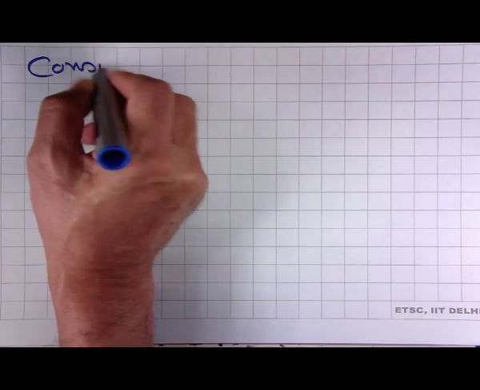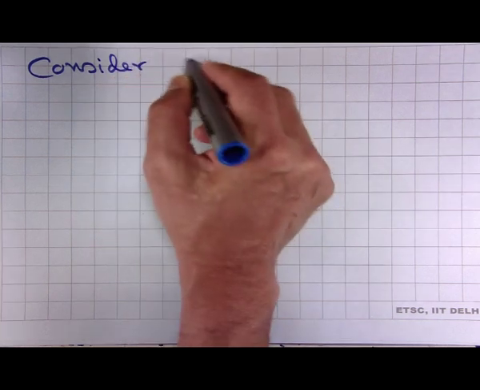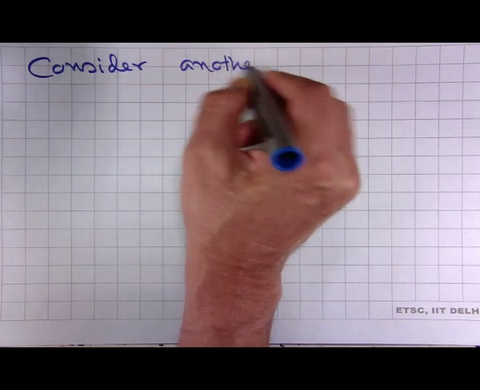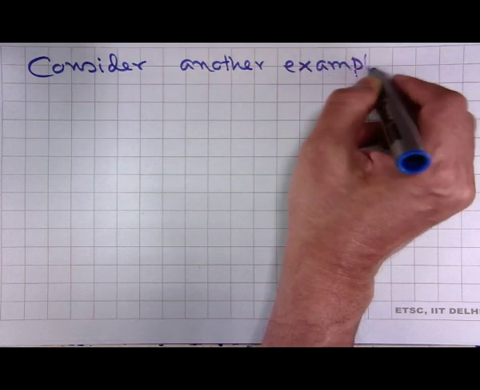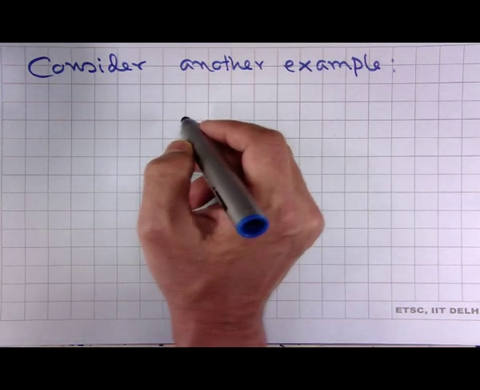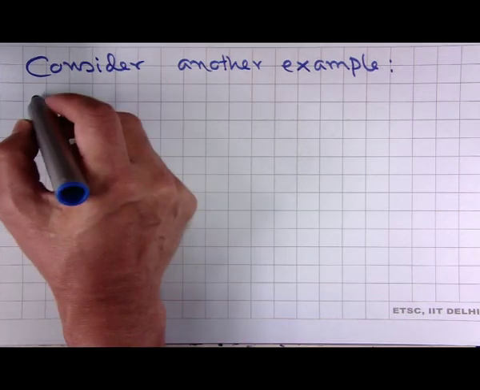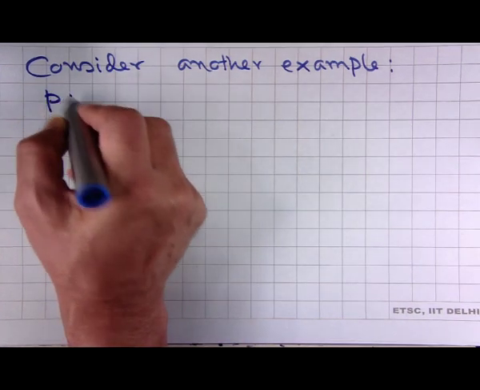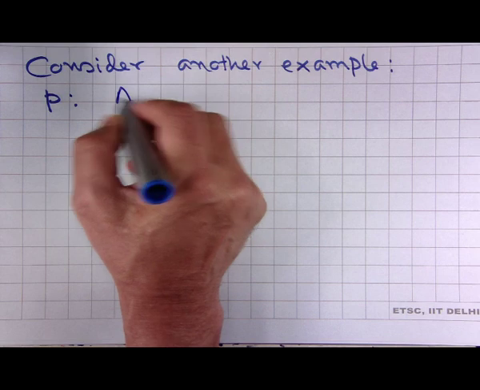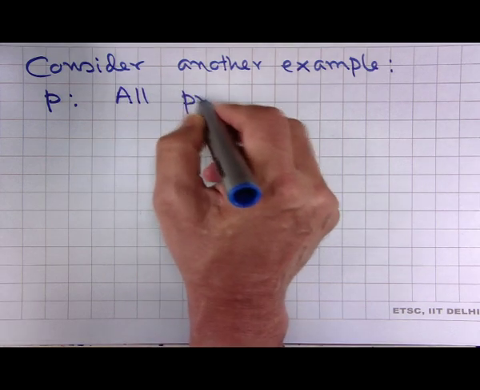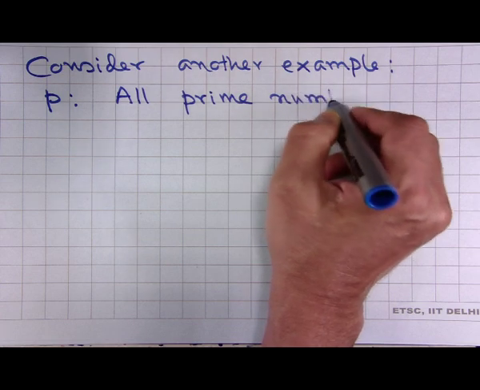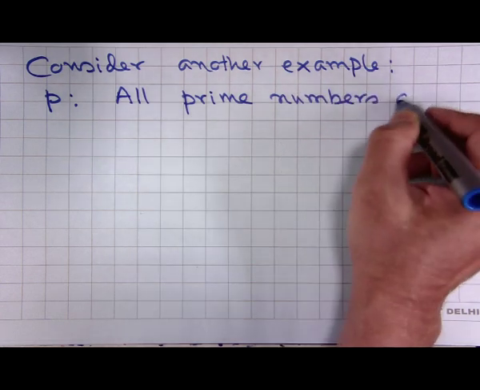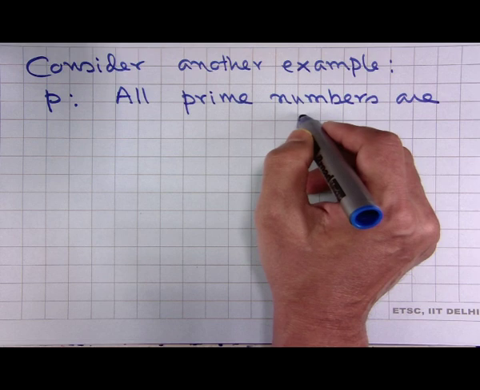Consider another example. Let p equal to all prime numbers are odd.